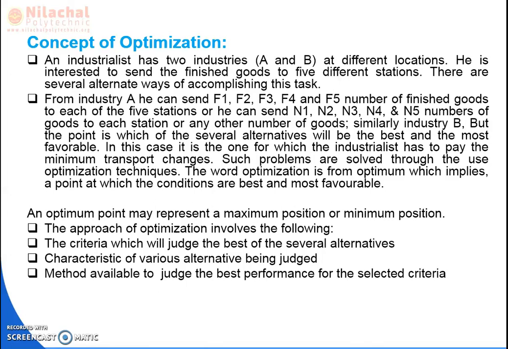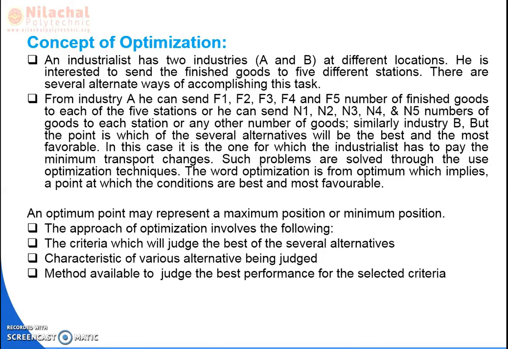Such problems are solved through the use of optimization technique, and optimization means optimum, which implies a point which is the condition for best and most favorable. An optimum point means the maximum position or minimum position. Maximum position means maximum profit, minimum position means minimum loss.